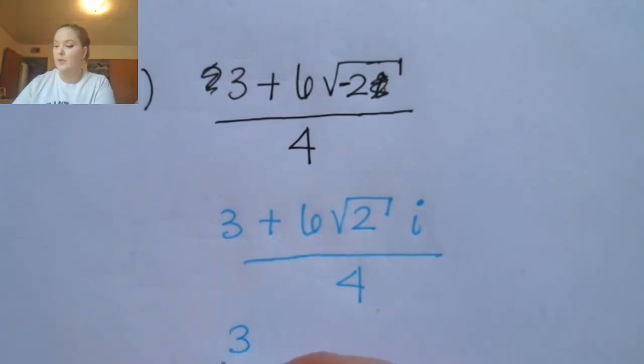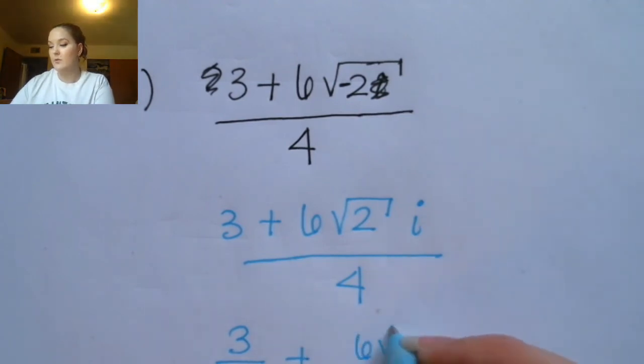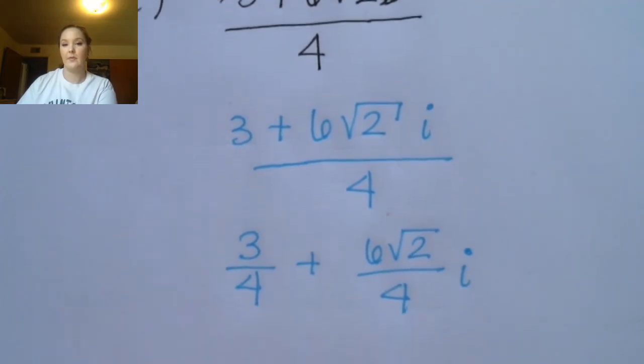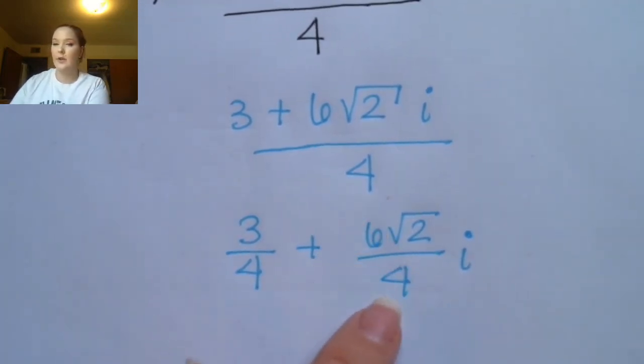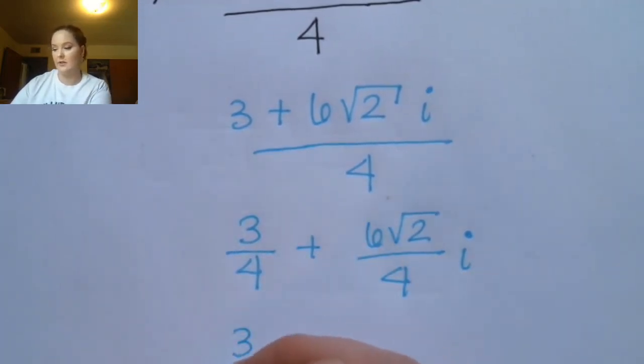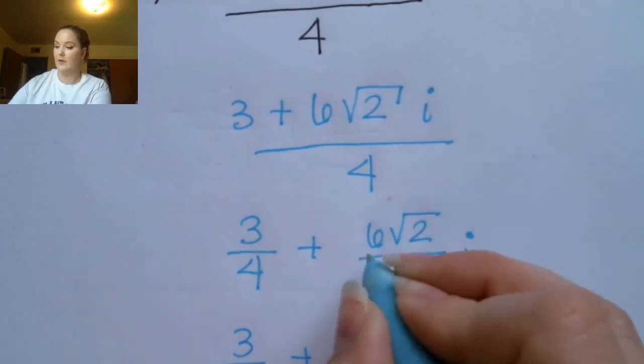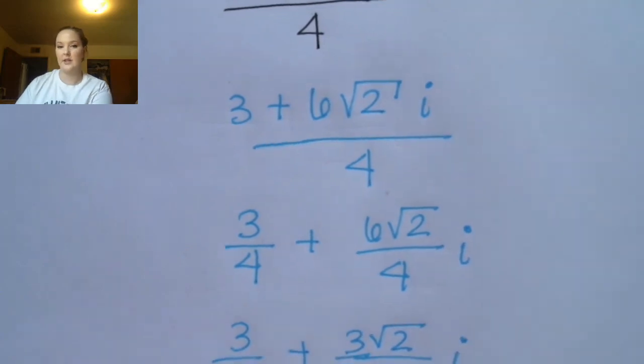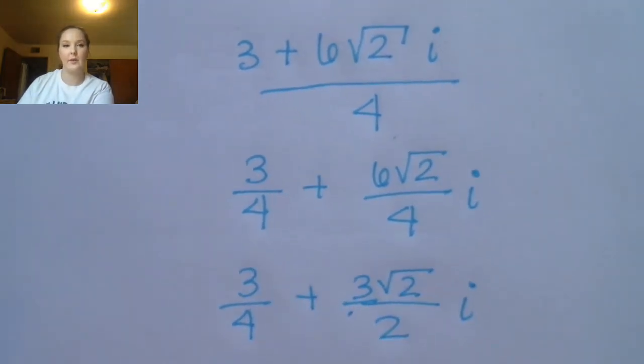So we'll have 3 over 4 plus 6 root 2 over 4. And we're going to cancel the common factors here. So 3 root 2 over 2 times i.